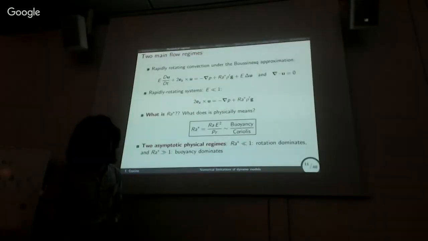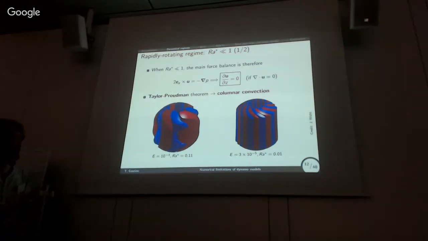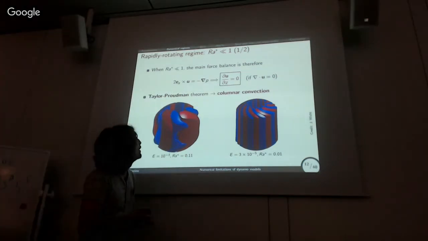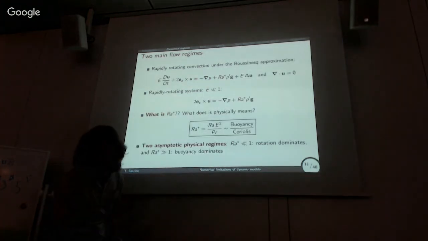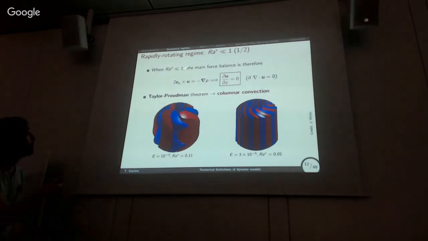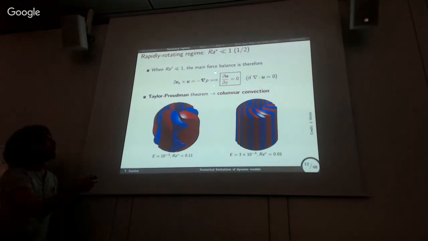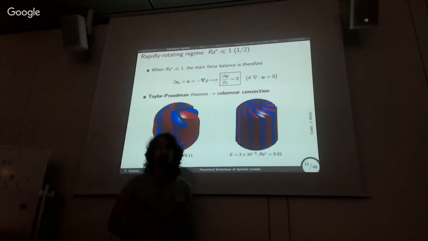The first one is Ra star very small in front of unity, strongly influenced by rotation. As I said, you can just cross out this term here, and you end up with two terms in the force balance, Coriolis and pressure gradient. You take the curl of this equation, which has the property of removing the pressure gradient, and which leaves you with this very simple equation: dz u = 0.